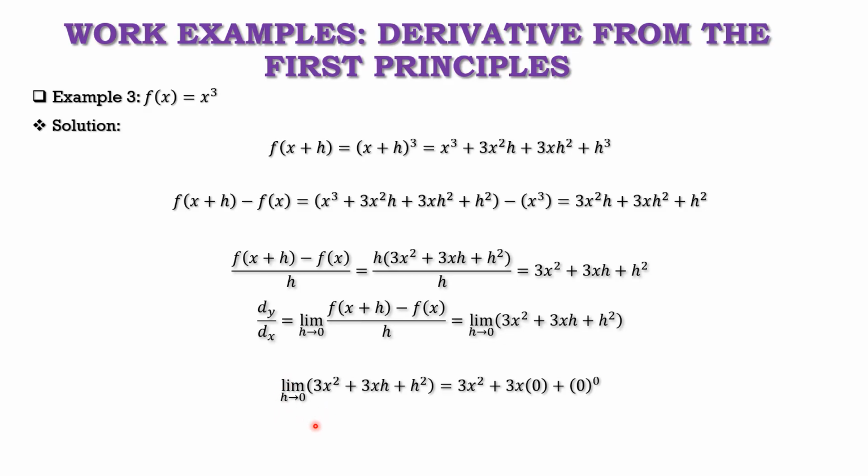So the limit as h approaches 0 of this expression means we are going to have an approximate value of 0 for h. Anywhere we see h, that will be 0. So when you substitute 0 here and 0 here, our end result will be dy dx equal to 3x squared. So the derivative for f of x using the first principle is equal to 3x squared.